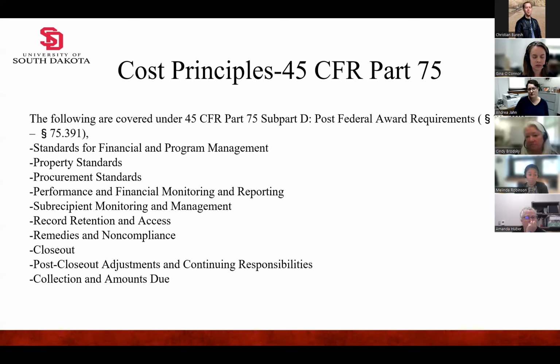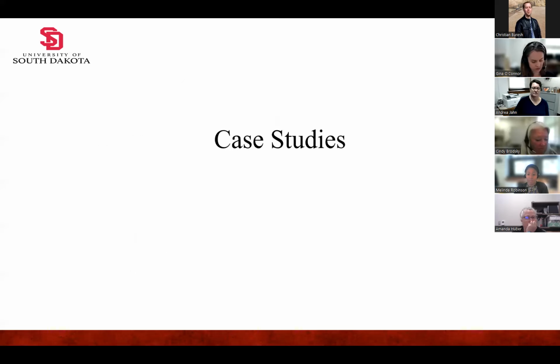And then collection and amounts due. That's the part that, again, grants accounting would help to reconcile all the accounts and the invoicing, and make sure that our expenditures match up with the agency's expenditures, and that closeout can move forward on both ends of the award. I think now we're going to look at some case studies.